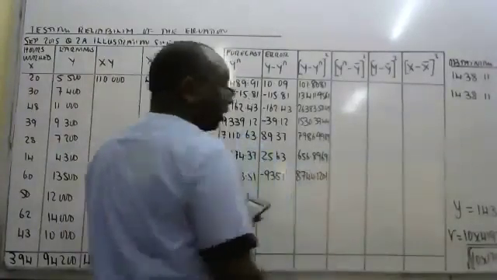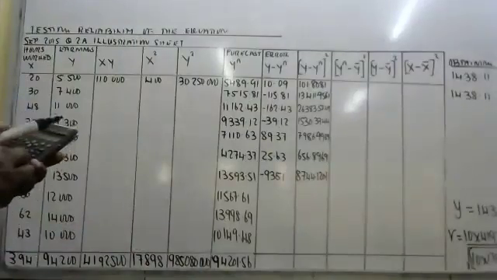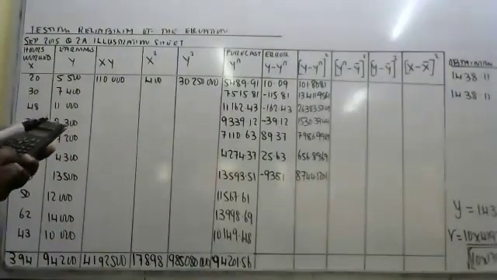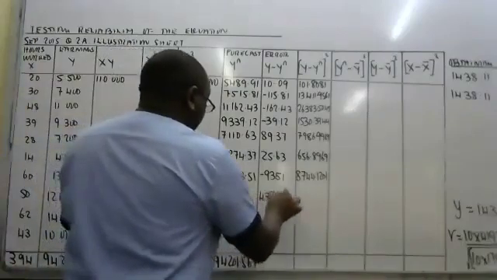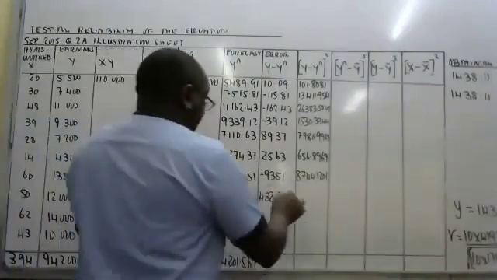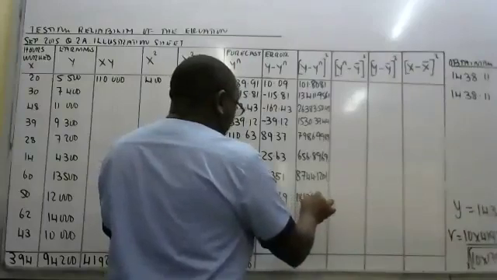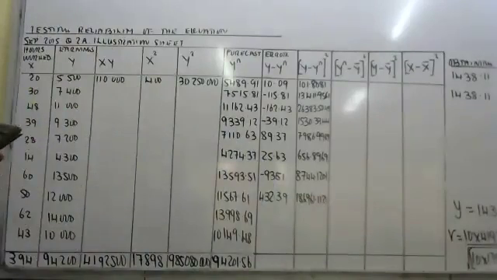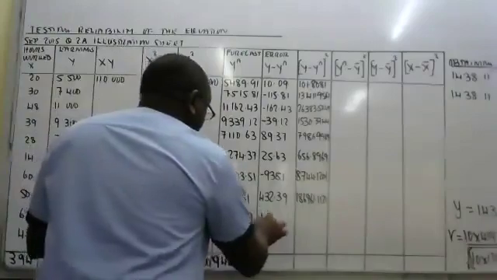I have 12,000 minus 11,567.61 is 432.39. You square that and get 186,961.1121. I have 14,000 minus 13,998.69 is 1.31.